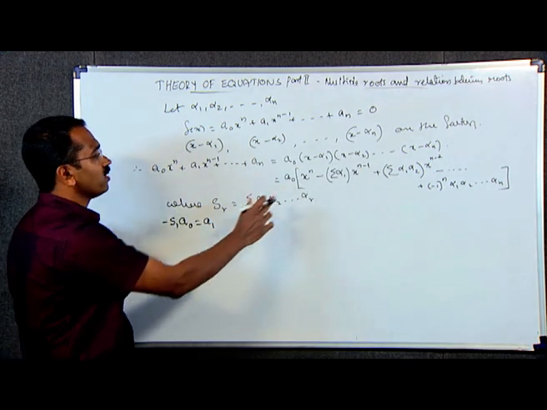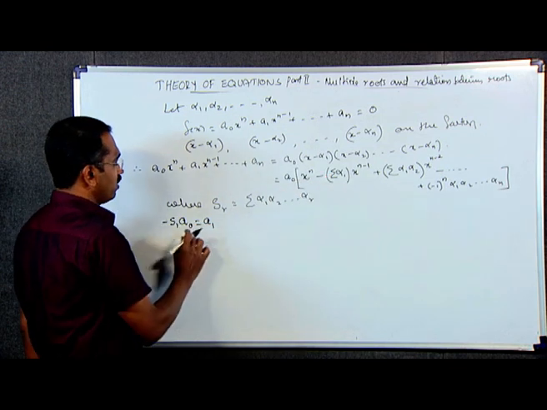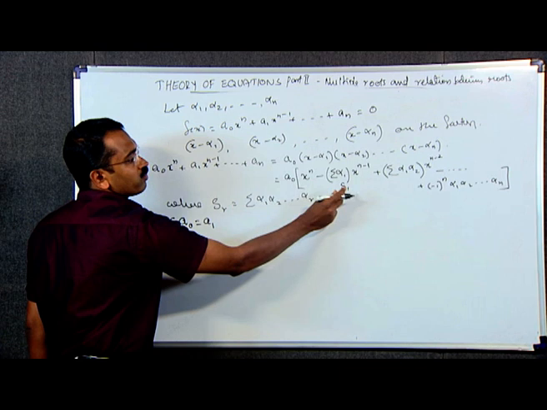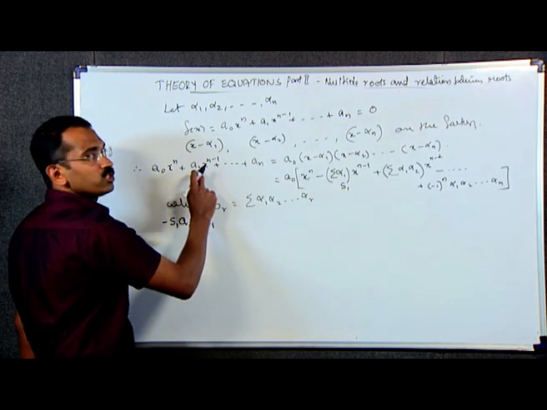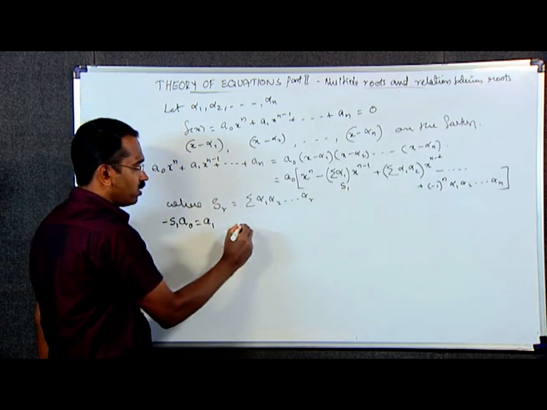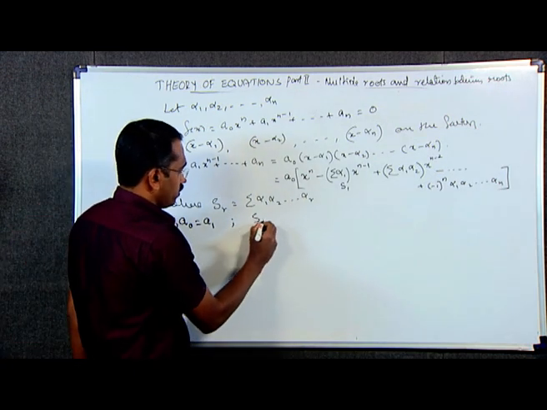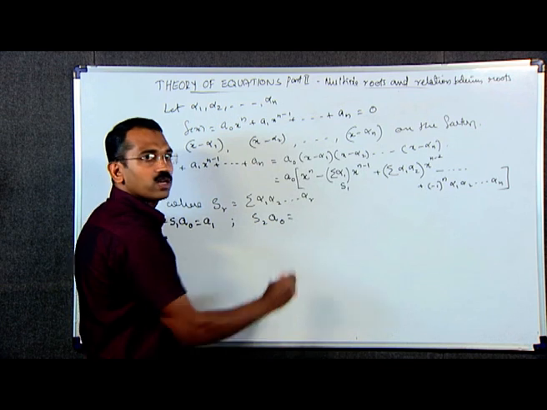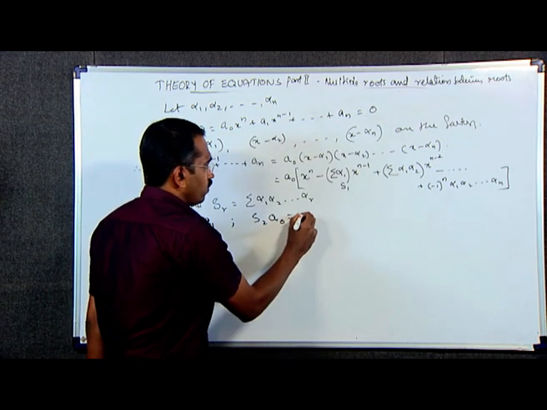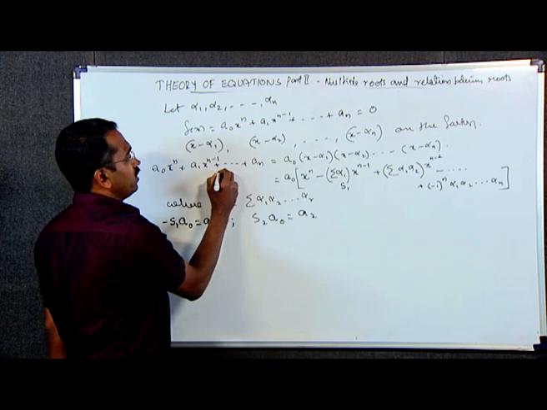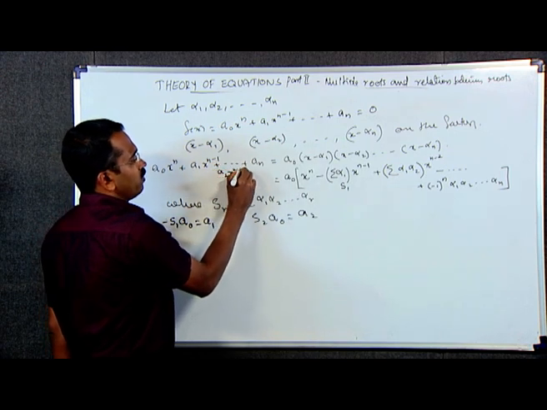On equating, this is our S1. Therefore, minus S1 a naught is equal to A1. S2 into a naught is equal to A2. That is, the next term in this side is A2 into x raised to n minus 2.